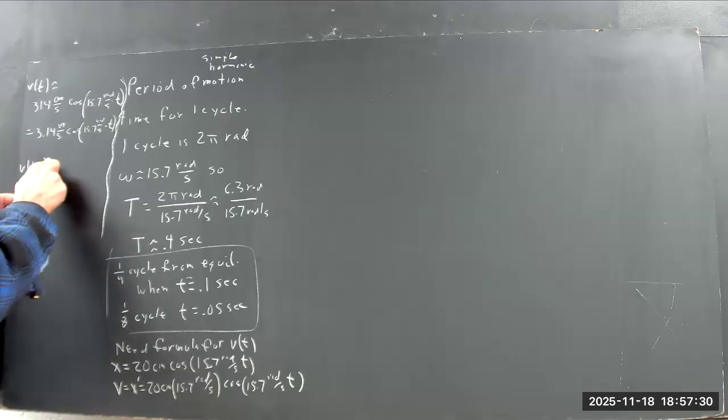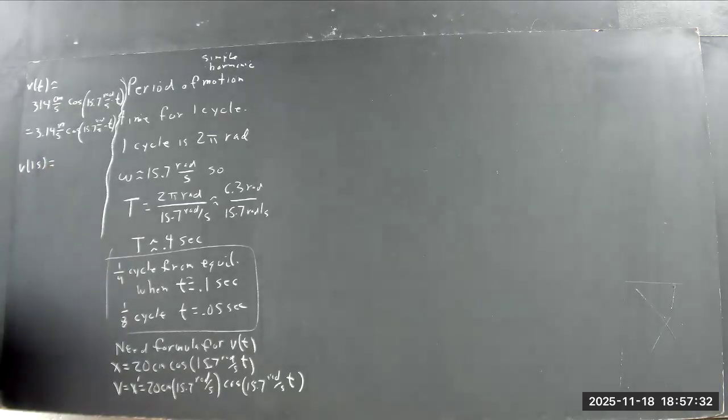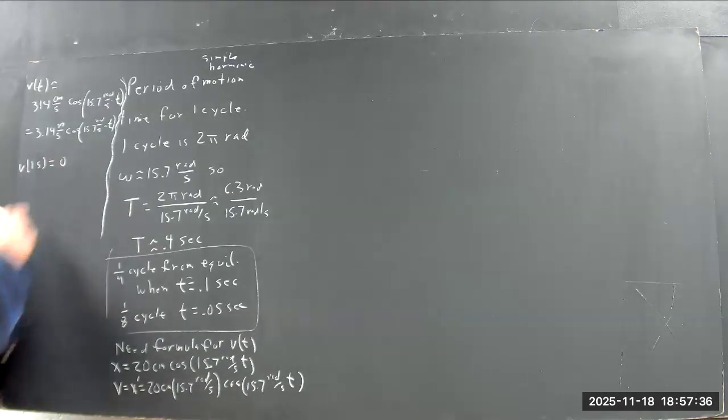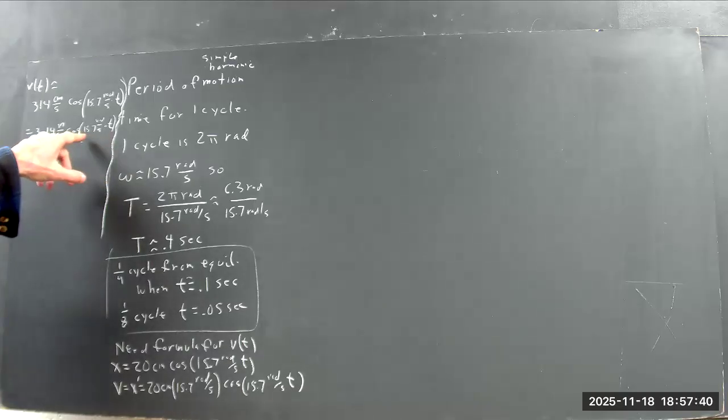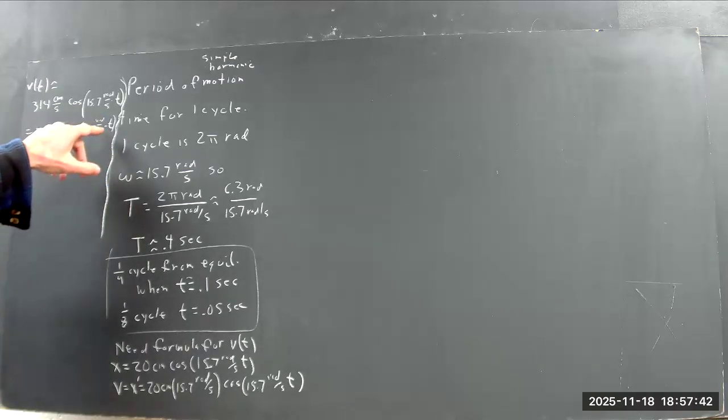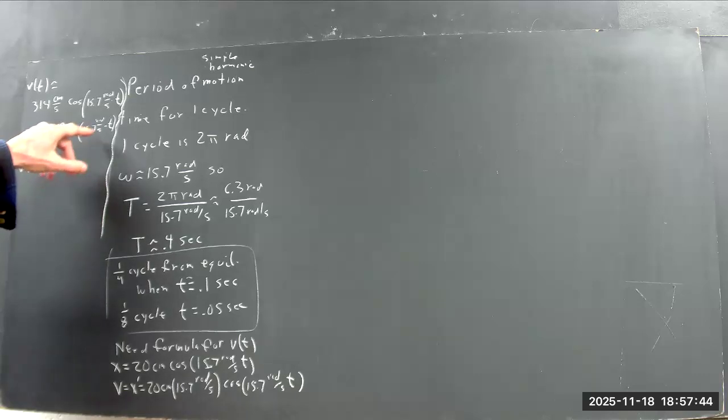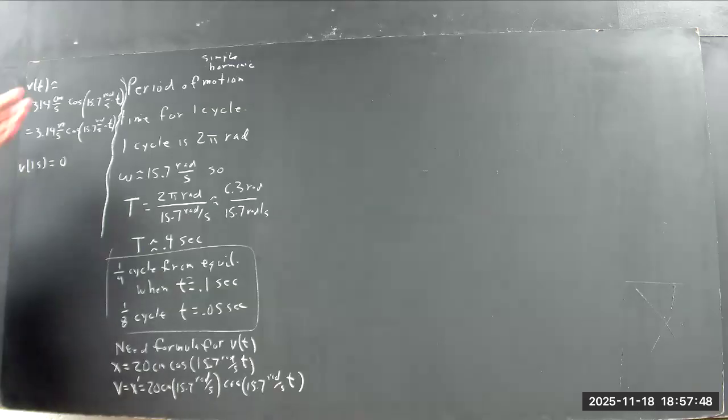You can verify by doing the calculation that v of 0.1 second equals 0, because you've got the cosine of basically 90 degrees. By 15.7 radians per second times t, you get 1.57 radians.